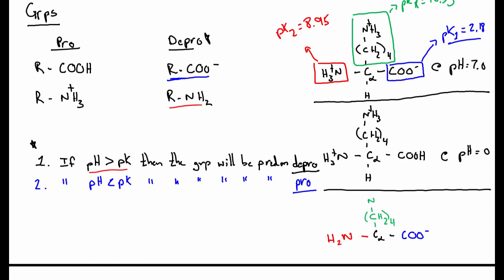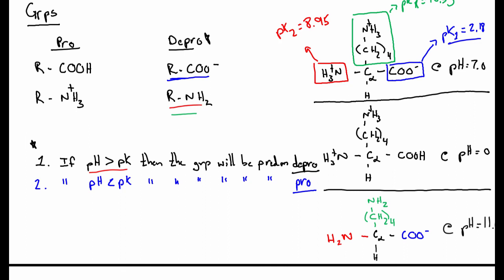With the side chain, we are still at a pH greater than the pK, which means it is deprotonated, which means that it would have to be this, and so we'll draw it as NH2. And now we have the predominant form of the amino acid lysine at a pH of 11.